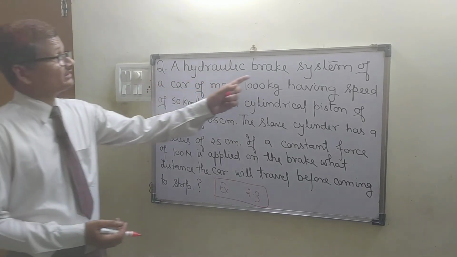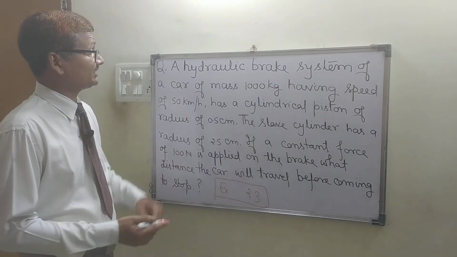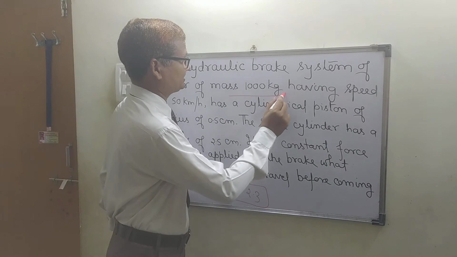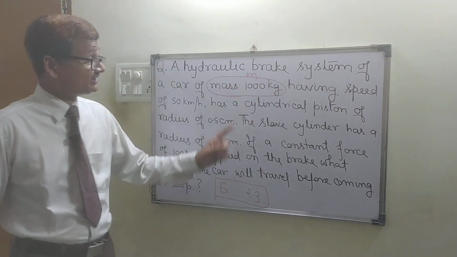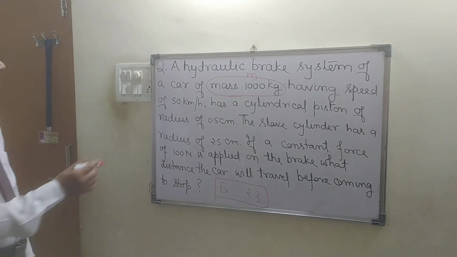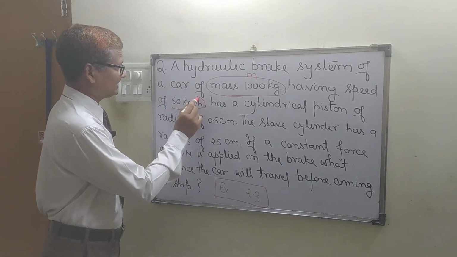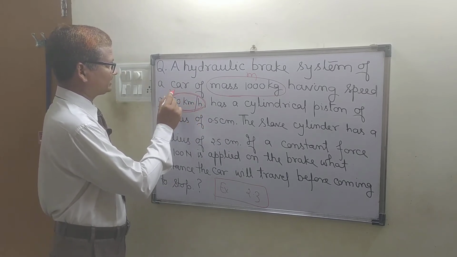Now in this question, a hydraulic brake system of a car of mass 1000 kg. So this is the mass of the car, M, having a speed of 50 km per hour. कार की स्पीड है 50 km per hour. So this is the speed of the car.